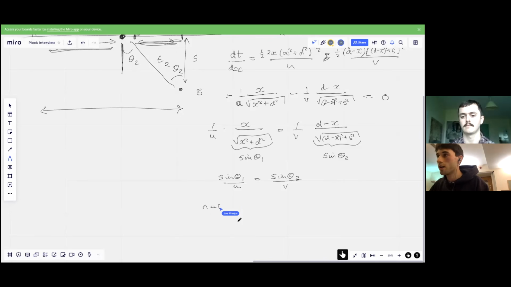So n equals 1, because n is the speed of light, or the speed in a vacuum, divided by the speed in that medium.